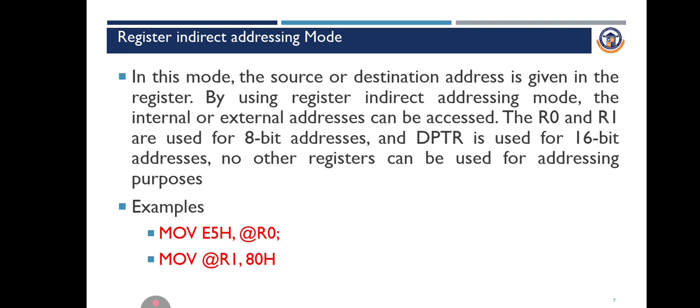So indirectly, the R0 content will move to the E5 address. And MOV R1, @80H, where R1 is the external register. The content stored in 80H will move indirectly to R1. After execution, the content of 80H will move to R1.